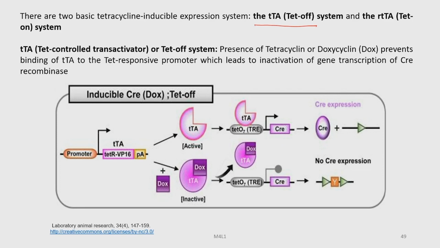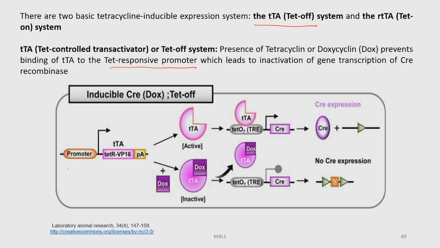The presence of tetracycline or doxycycline prevents the binding of tTA to the TET responsive promoter, which leads to inactivation of gene transcription of Cre recombinase.